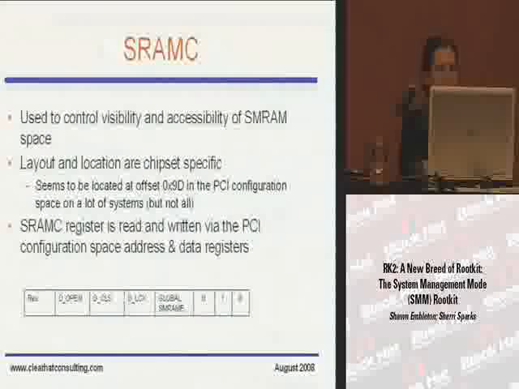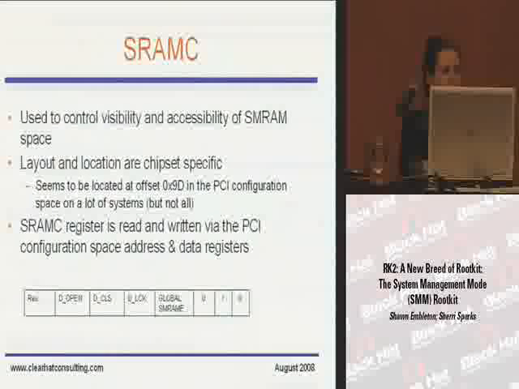So the System Management Mode RAM Control Register, or SRAM-C, is the register used to control the visibility and accessibility of SMRAM. The layout and location of this register is chipset specific. On most of the systems we've looked at, it seems to be located at an offset of 9D, but we have found a couple of exceptions to that, so it does seem to be chipset specific.